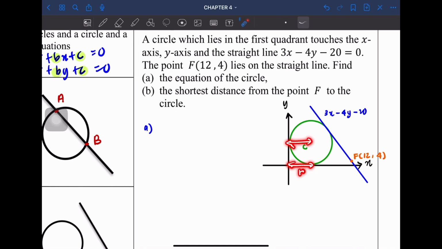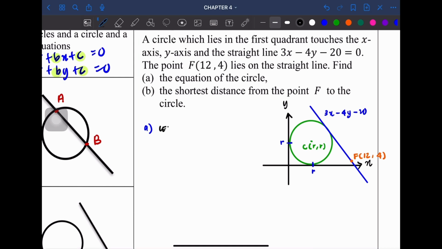On your x-axis, this is r, same as your y-axis, this is also r. So from this, we know that your center is (r, r). Alright, so now we know our center.